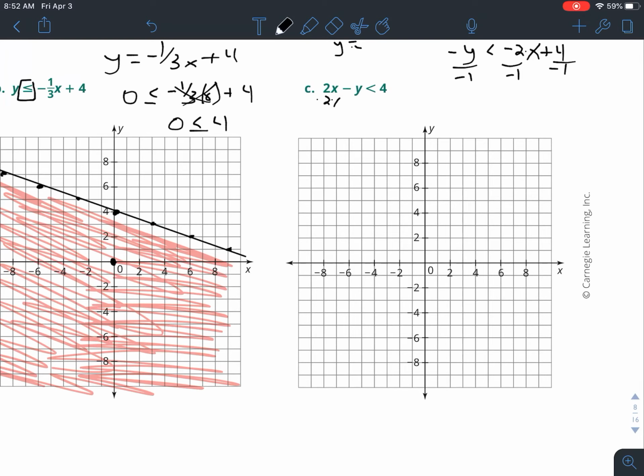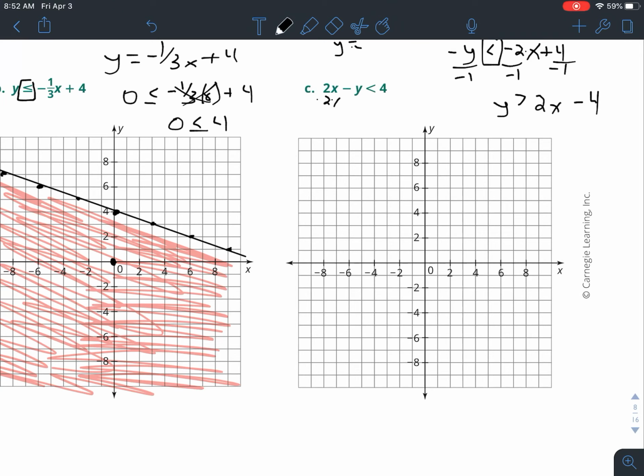Negative 2 divided by negative 1, and a negative divided by a negative gives us a positive. We flip this sign: y is greater than 2x minus 4. A positive divided by a negative gives you a negative, and a negative divided by a negative gives you a positive. And once again, when we divide by a negative number, the signs always flip.